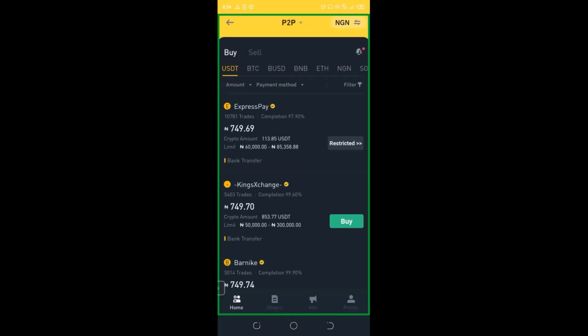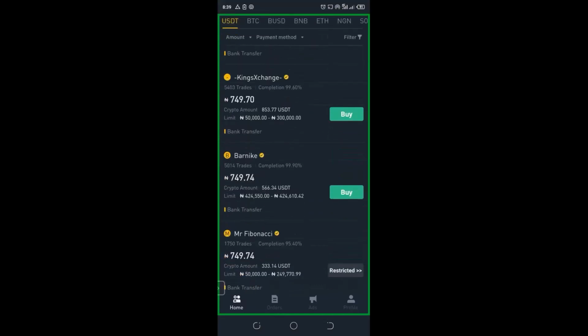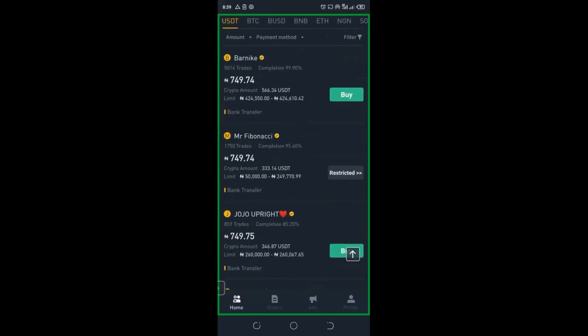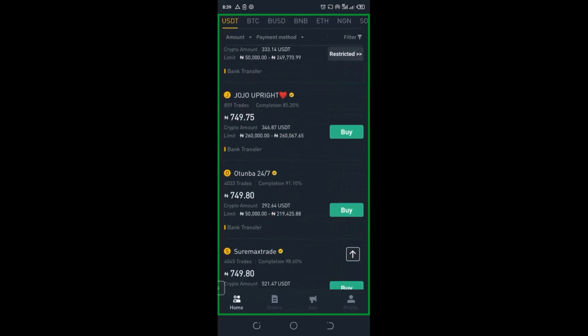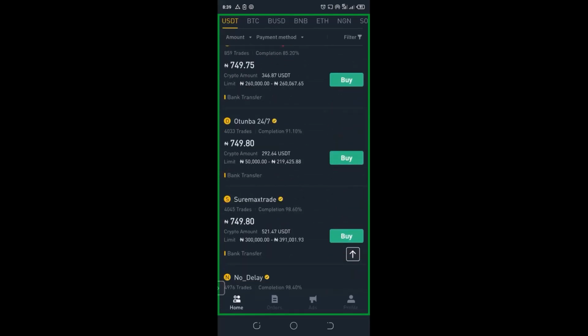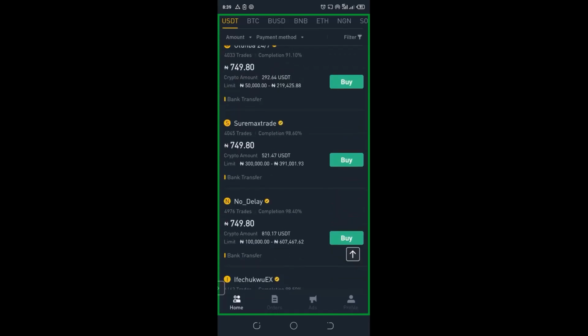We have two main buttons, the buy and the sell. In this instance, this is the first time you're depositing money into your account, so you want to buy a coin. What you need to look out for when you are using P2P is the volume of transactions. Here we have different P2P merchants advertising their USDT at their own price. Let's say you want to buy $100 worth of USDT.